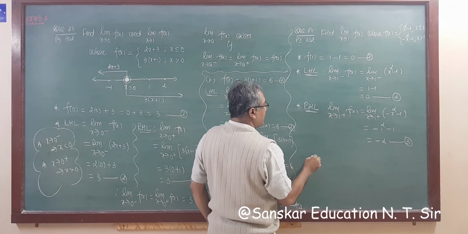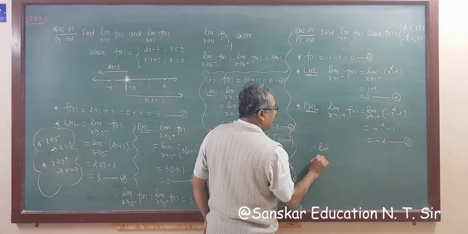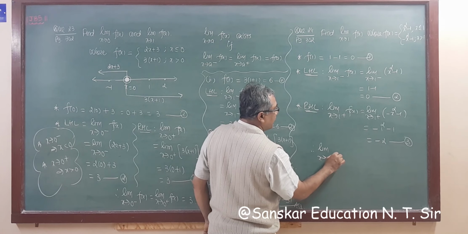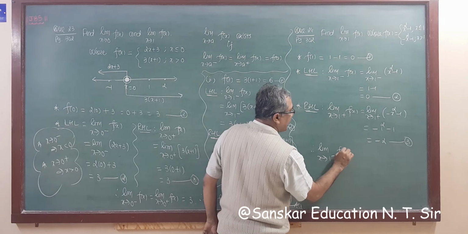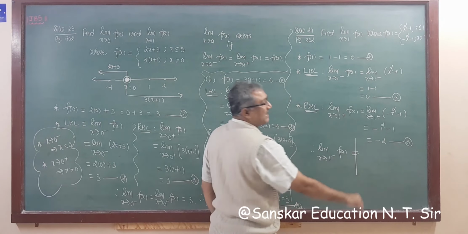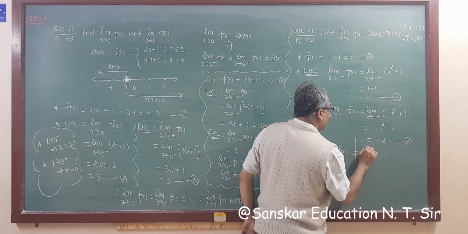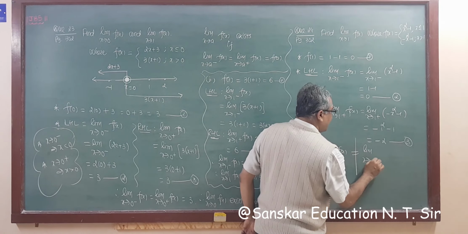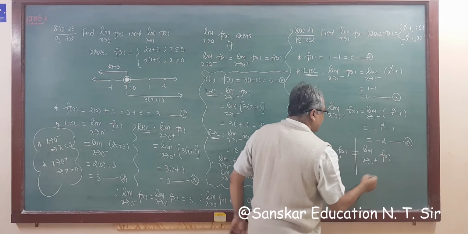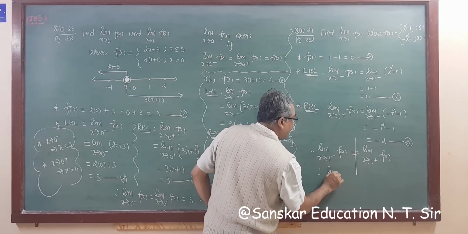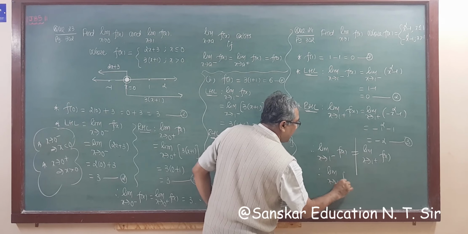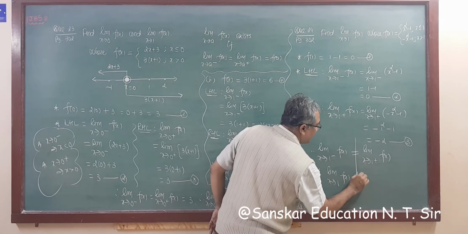So from 2 and 3 what we get? Limit x tends to 1 from left f(x) is not equal to limit x tends to 1 from right f(x). Therefore limit x tends to 1 f(x) does not exist.